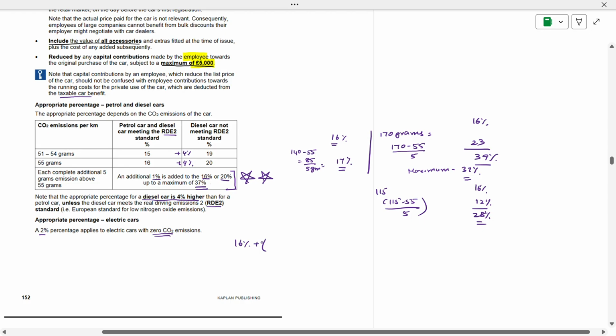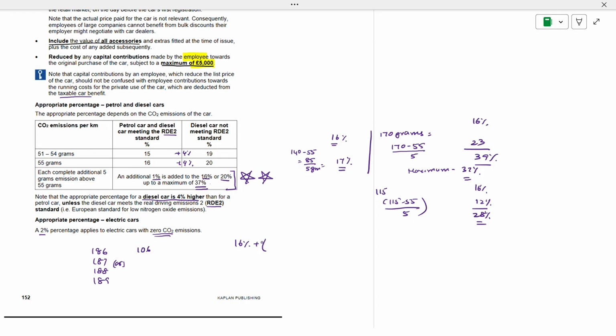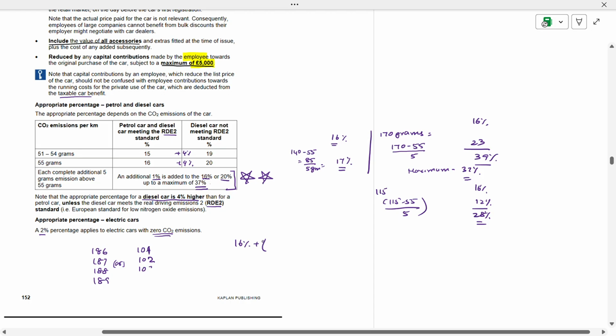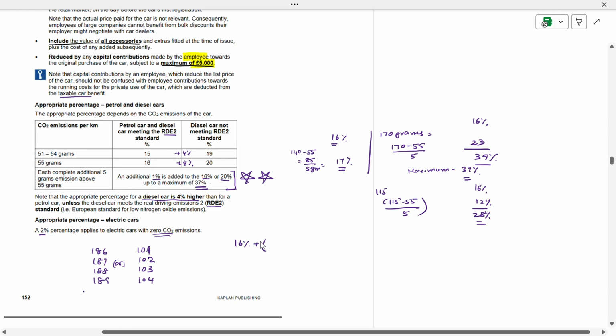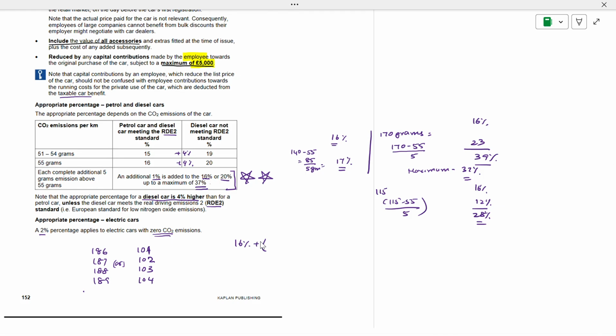See the thing I am going to tell you. If they say 186, 187, 188, 189, or another example, 106, 101, 102, 103, 104, if we have this type of values, we have to take the lesser multiple of 5.